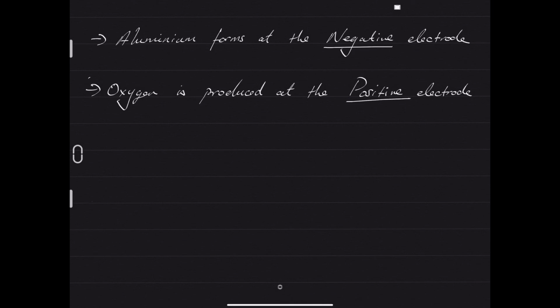Now, when we look at the oxygen in a bit more detail, we need to understand that it's going to react with carbon, which is the electrode, which is the positive electrode. And when it reacts with the hot carbon positive electrodes, we get carbon dioxide gas being produced.